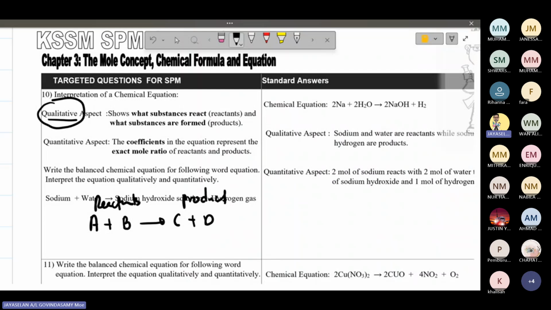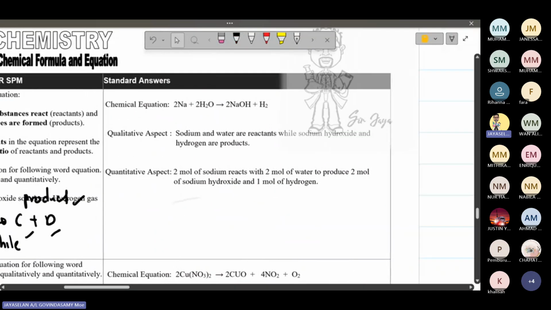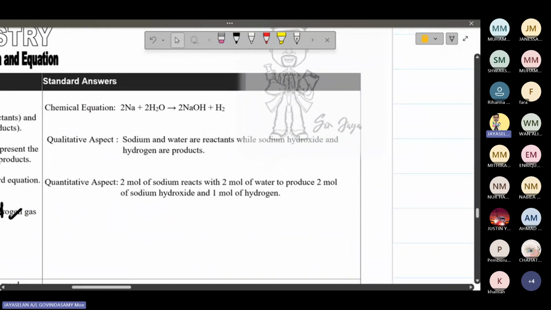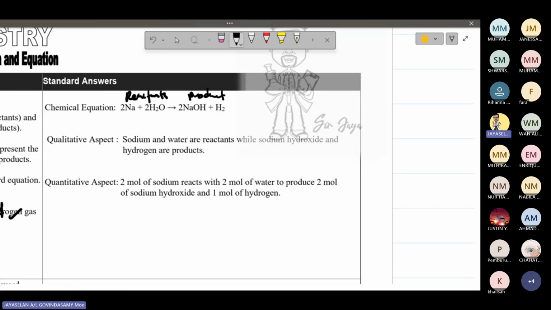Bila ditanya kualitatif, you kena bagi tahu the reactants used are A and B, and the products formed are C and D. Kita tengok satu contoh. This is your reactant, this is your product. They ask the qualitative aspect.